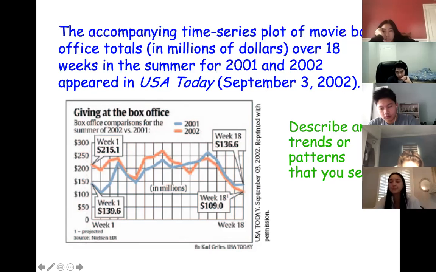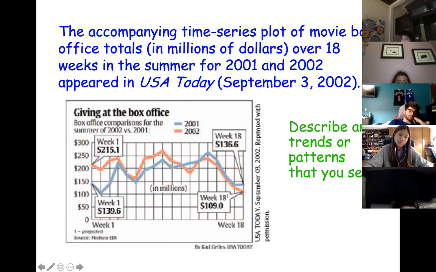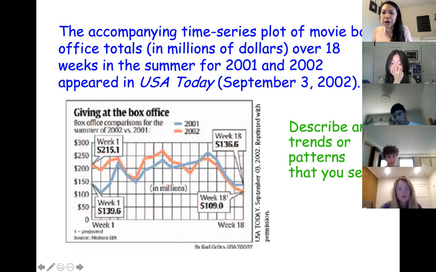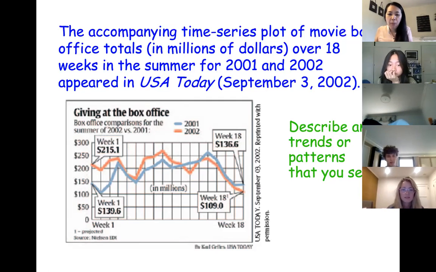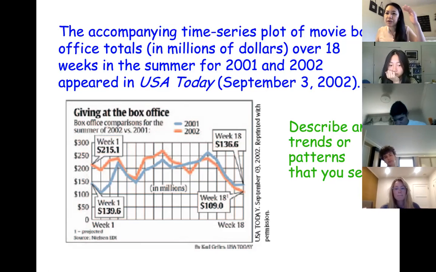Clancy, if you were to comment on the 2001 trend, what do you notice? How would you describe what's happening in 2001? It's fluctuating a lot. It's going up and then down, and then it's consistent for a little bit, and then back up, down. Perfect, there's ups and downs. Specifically, where do you see peaks?